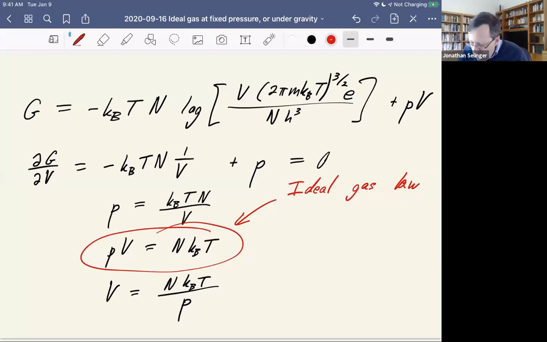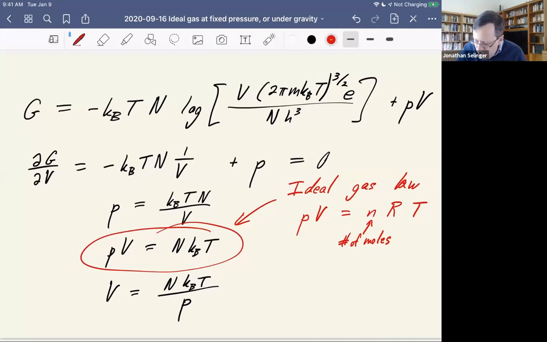Some of you might be familiar with seeing it in a slightly different form, as pressure times volume equals little n times R times T, where this little n is the number of moles. Really, these two equations are equivalent.